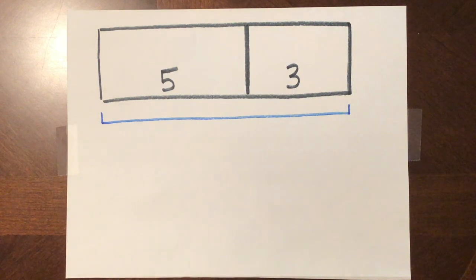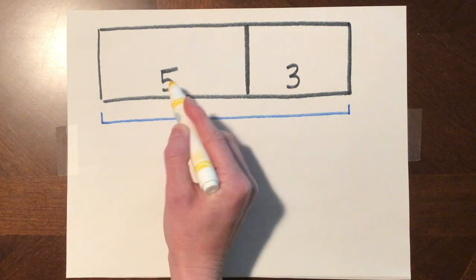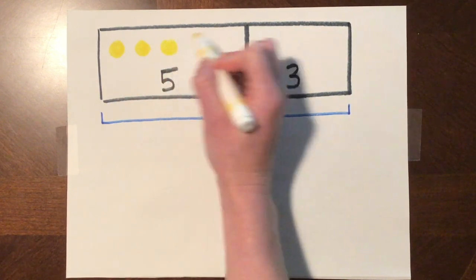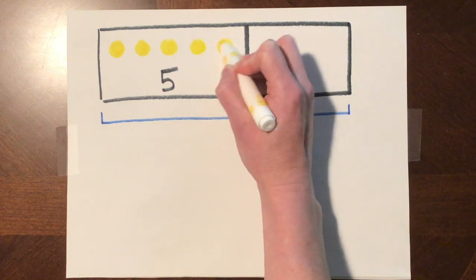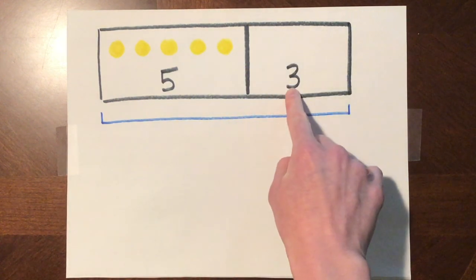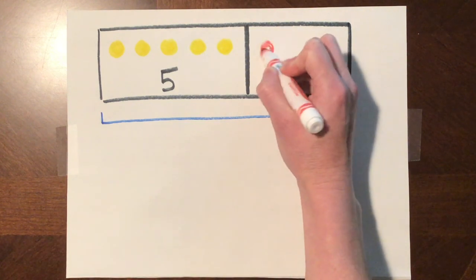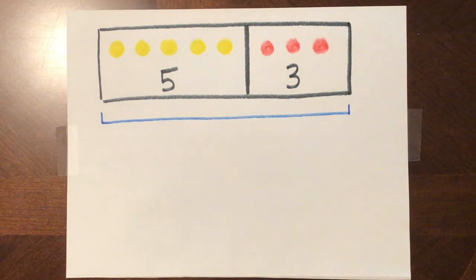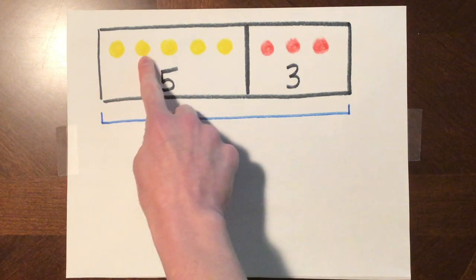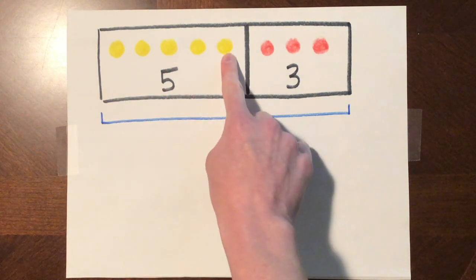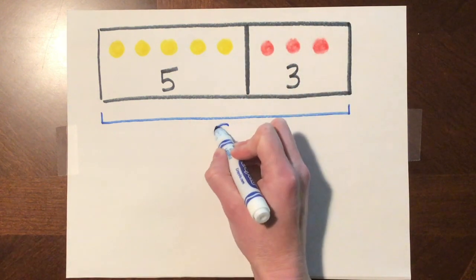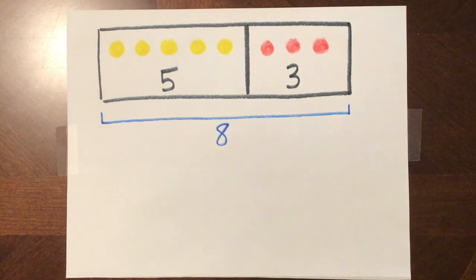Let's draw counters to help us. 5. 1, 2, 3, 4, 5. 3. 1, 2, 3. 1, 2, 3, 4, 5, 6, 7, 8. 8 in the whole thing.